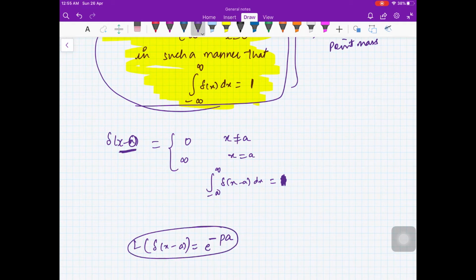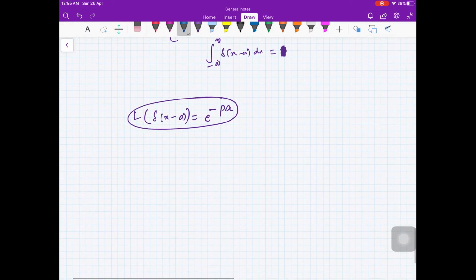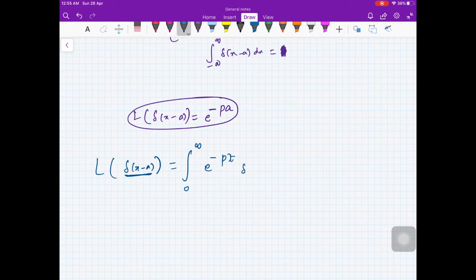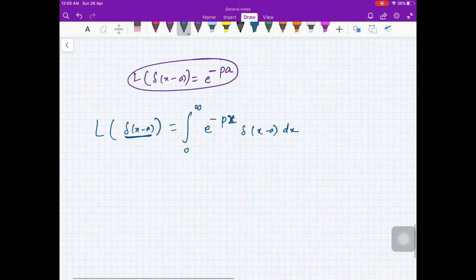I'm not going to prove this rigorously, but I can give you an idea of how you can prove it. Suppose you take the Laplace transform of delta of x minus a. By definition, this is the integral from 0 to infinity of e raised to power minus px times delta of x minus a dx.